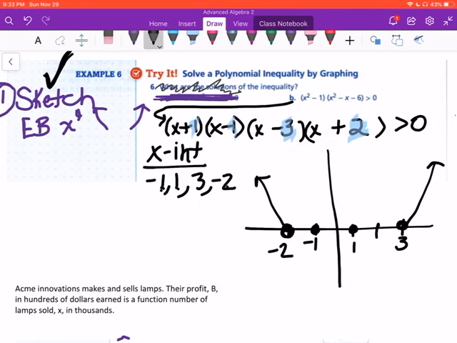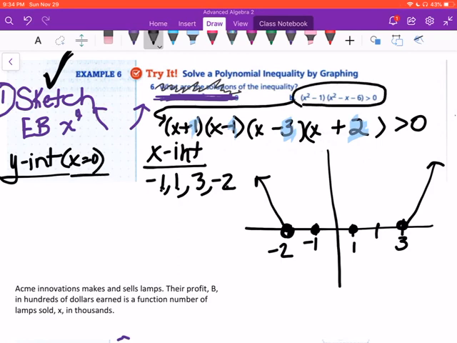And the y-intercept, if I let the x equal 0, so if I take this original equation and let x equal 0, I would have 0 squared minus 1 times 0 squared minus 0 minus 6 be the y.